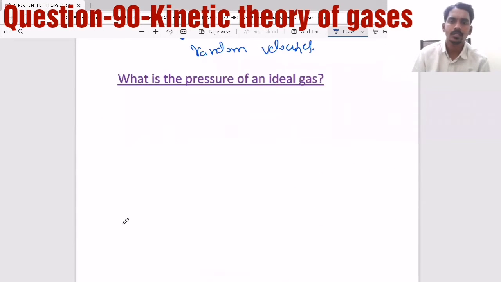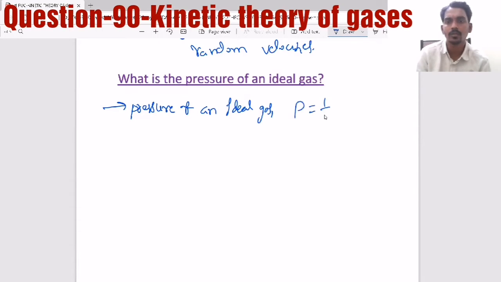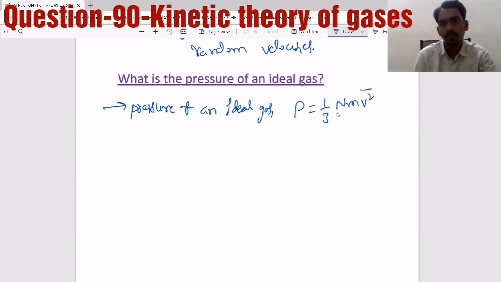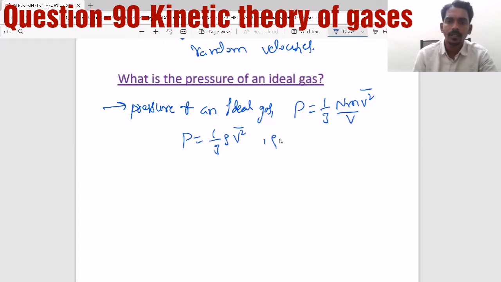Now based on this, we get the equation for the pressure of an ideal gas. So pressure of an ideal gas is given by P equal to 1 by 3 Nm V square bar by V, or else P equal to 1 by 3 rho V square bar, where density equals mass by volume, where m is the mass of each molecule.